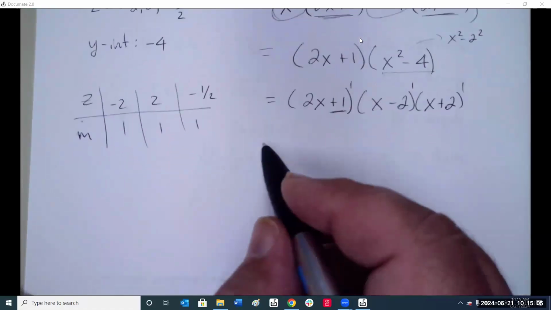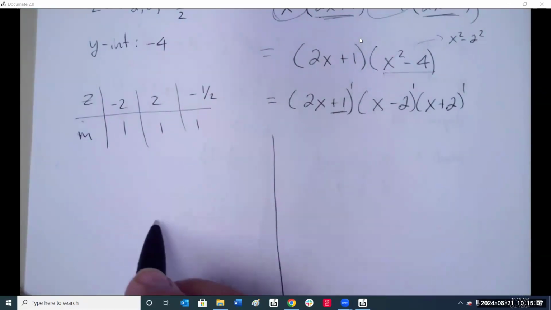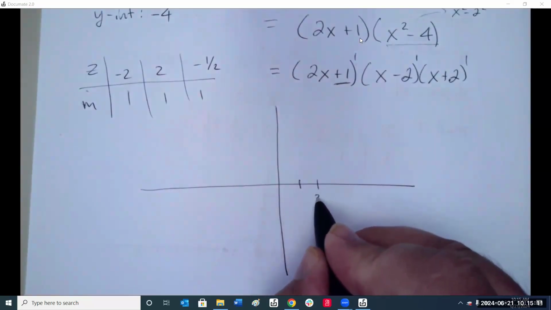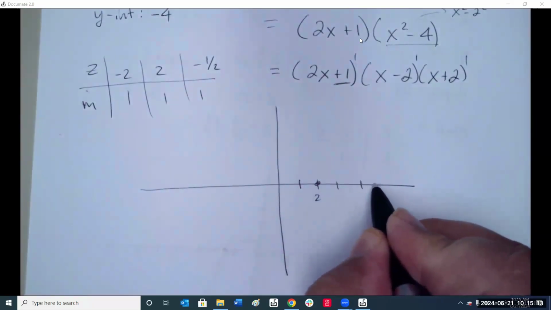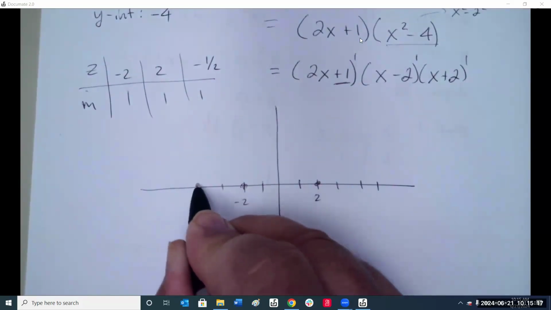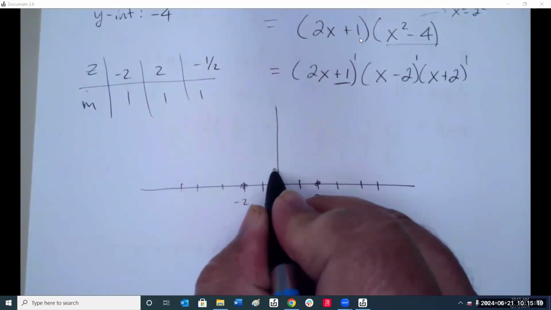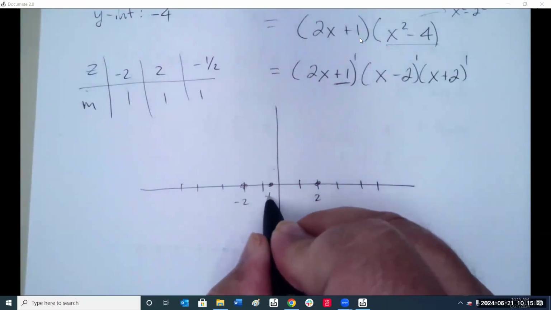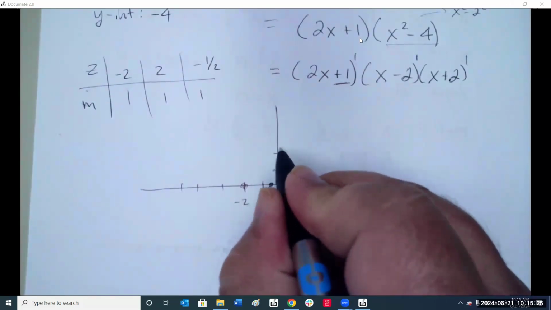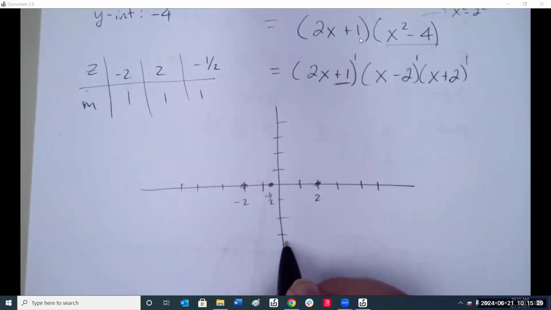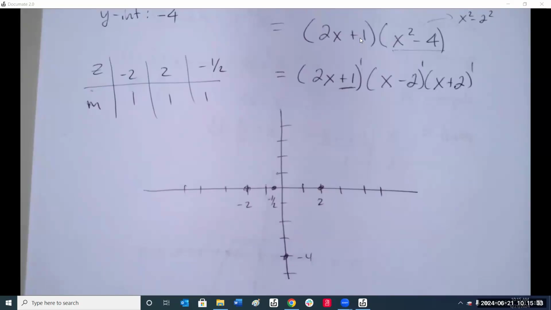All right, so that's all we need to graph. +2, -2, and then -1/2. -4 is my intercept.